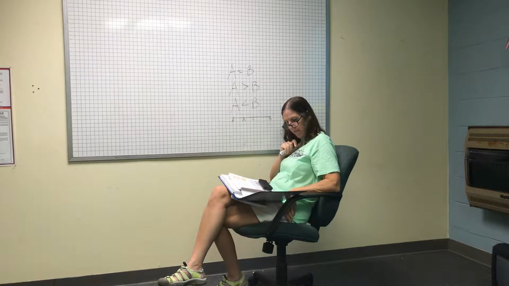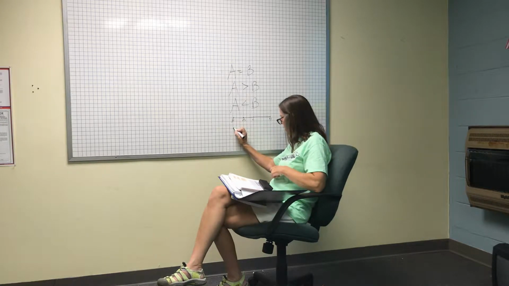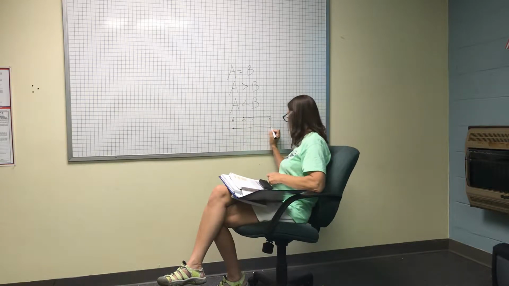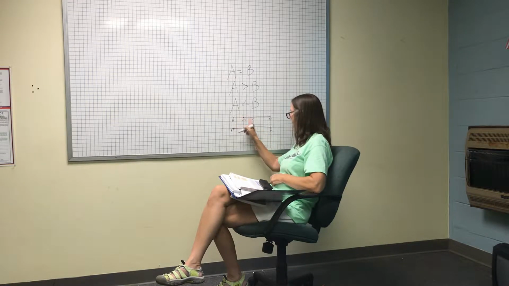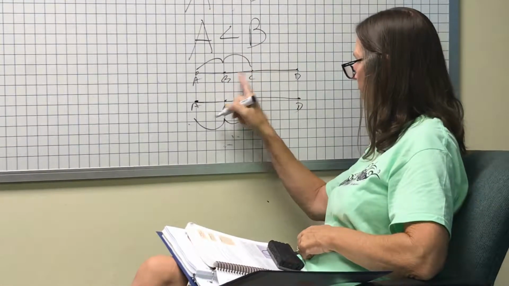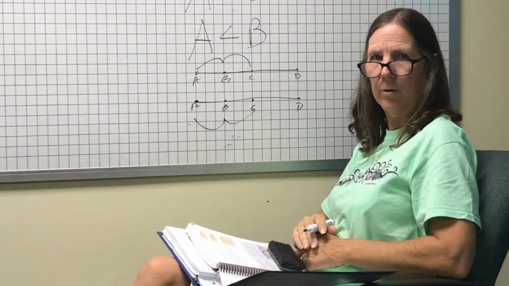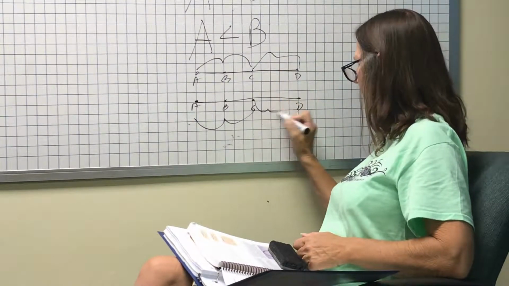Principle 7, if equals are added to equals, the sums are equal. So in other words, if I have another line just like that, and I have A and B and C and D. If I add A and B of this one, it's going to equal A and B. This is going to equal that. If these were equal, then when I add them, they're going to be equal. And if these are equal, when I add this, it's going to be the same as when I add that.